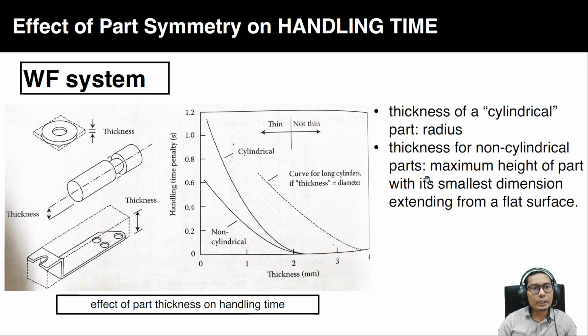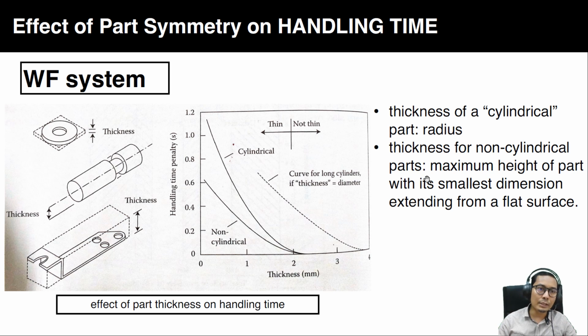Okay, we continue with the WF system. You can see the figure on the effect of part thickness on the handling time. The thickness of a cylindrical part we consider as the radius. I think I mentioned this in the previous lecture. Thickness for non-cylindrical parts is the maximum height of the part with its smallest dimensions extending from a flat surface.